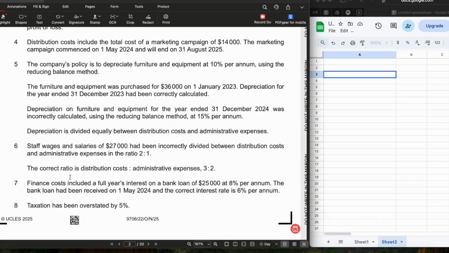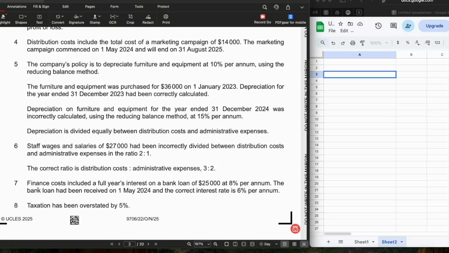But the correct ratio of distribution cost to administrative expenses is 3:2. So this should be the right ratio. So we need to first remove the amount which was incorrectly included in distribution and administrative expenses, and then write down the correct amount there using this ratio.